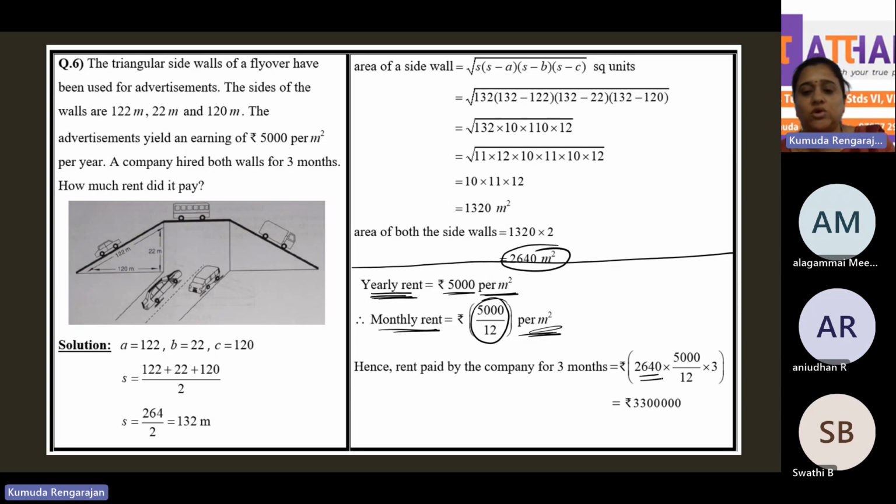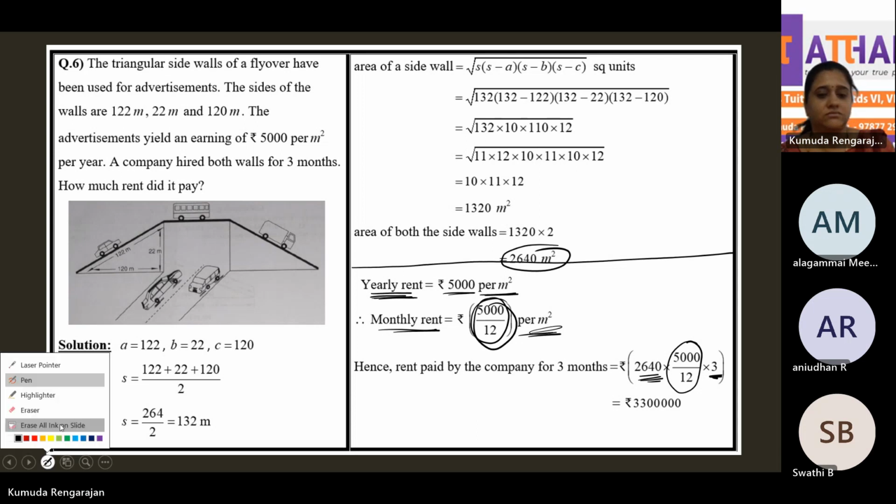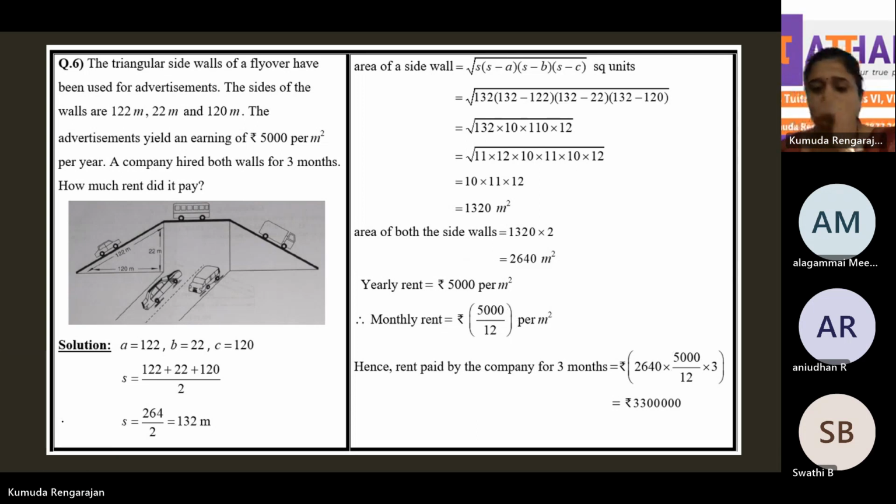So for 2640, it will be 2640 into this per meter square rate, 5,000 by 12. Now why are we doing into 3? For 3 months. All right. 33 lakhs.